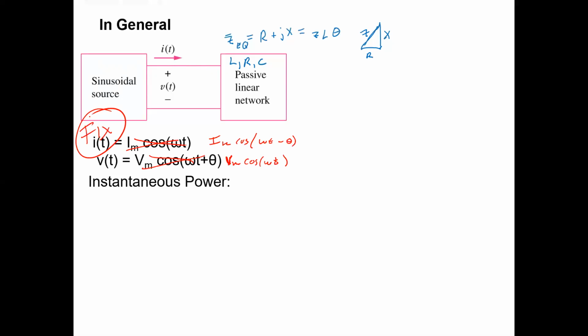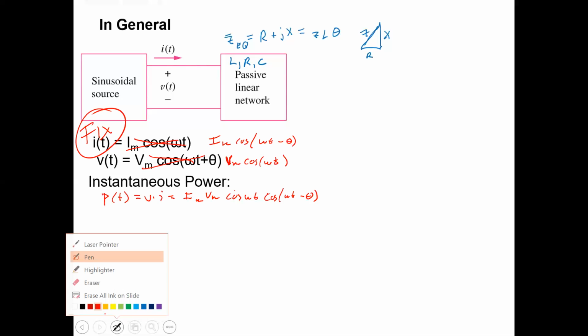That's for me. So the instantaneous power is p of t equals v times i, which is going to equal the product of those two, Im Vm cosine of omega t times cosine of omega t minus theta.